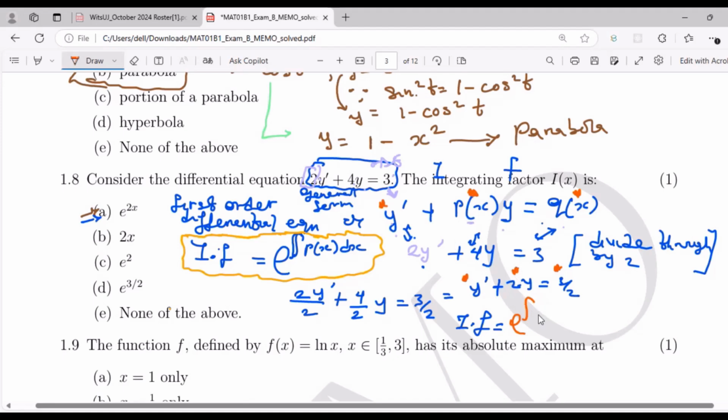So that's 2 dx. So the integrating factor is exponential of the integral of 2 dx, which is 2x. So your integrating factor is e to the power 2x. So that means we are correct.